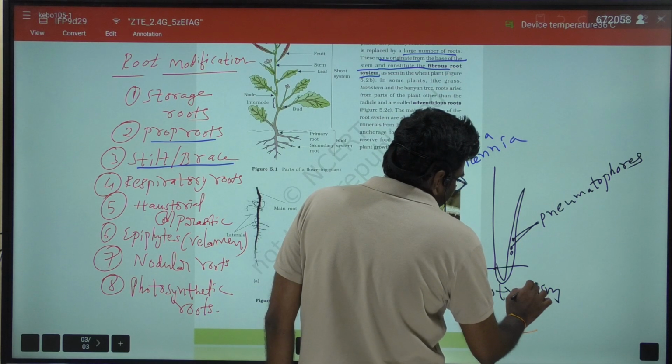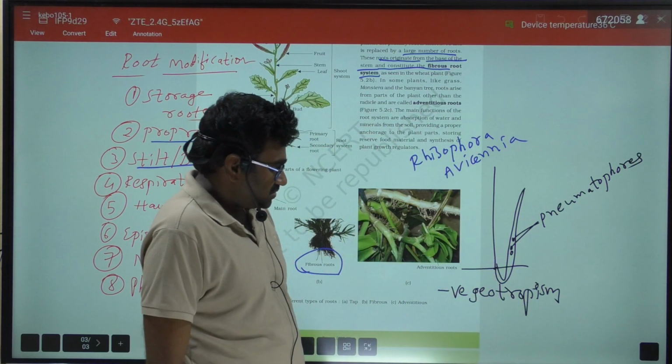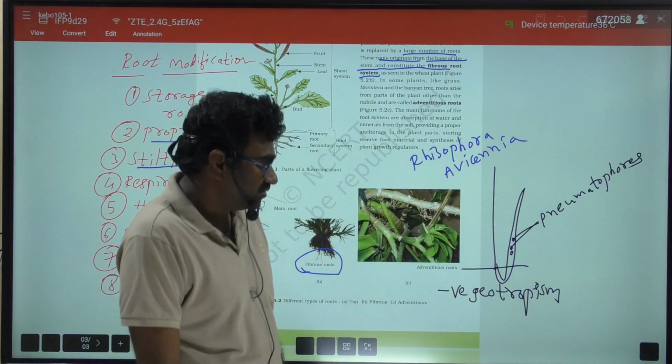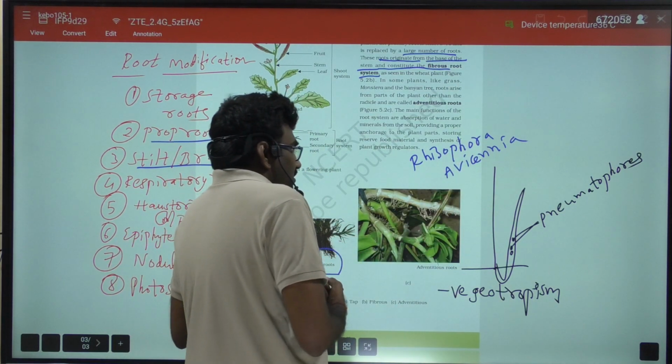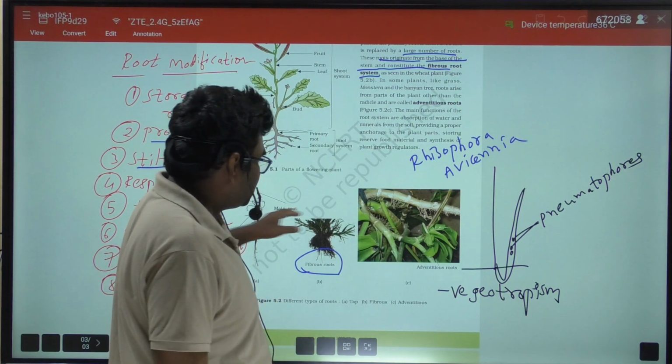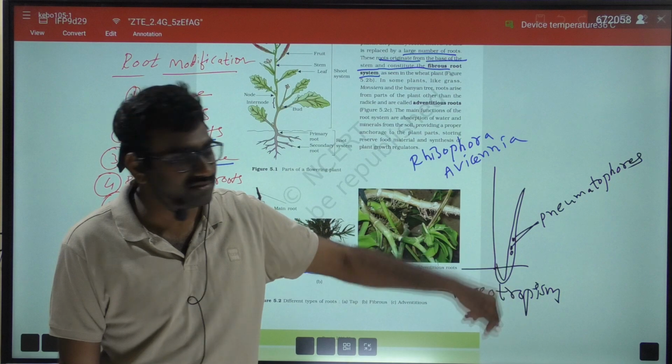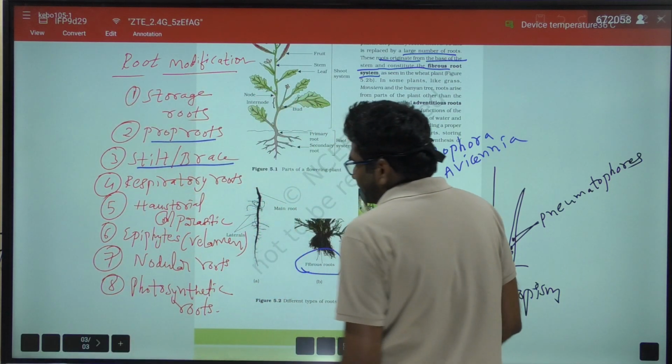That means the root changes its direction and grows upwards vertically towards the sky. So examples for these respiratory roots are Rhizophora and Avicennia, especially found in the mangrove forests. So this is about the respiratory roots.